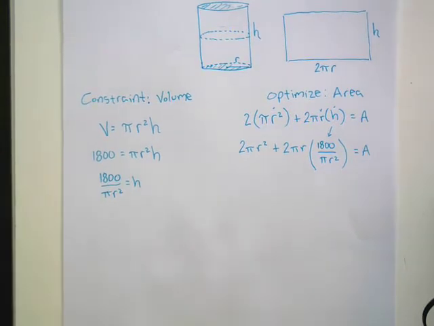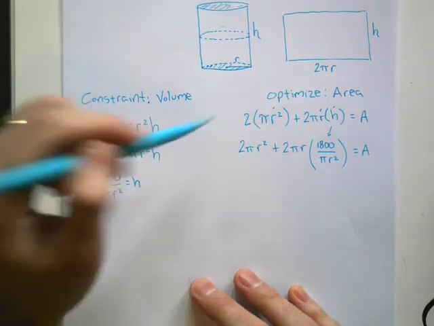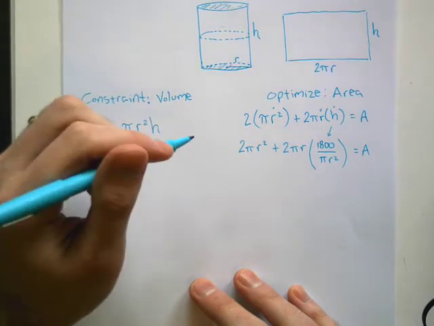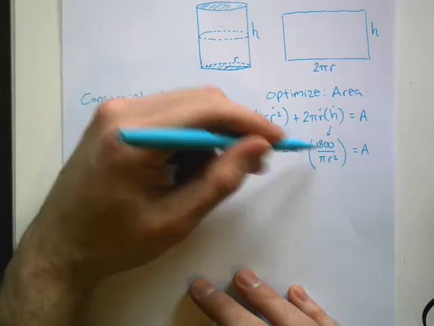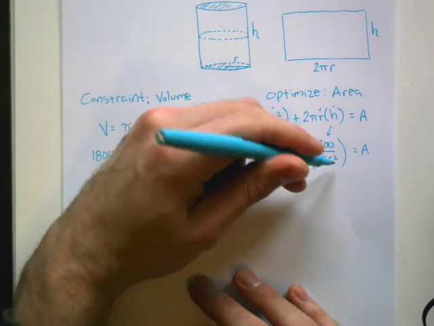By the way, all these cylinder problems, at least the ones that you do today, are pretty much going to be set up the same way as far as area and volume equations. When you set it up like this, it's important to know that when you're multiplying here, you have a pi and an r in the numerator, and a pi and an r in the denominator.